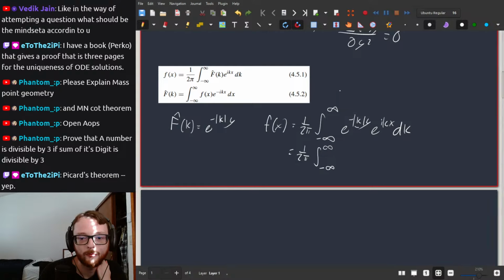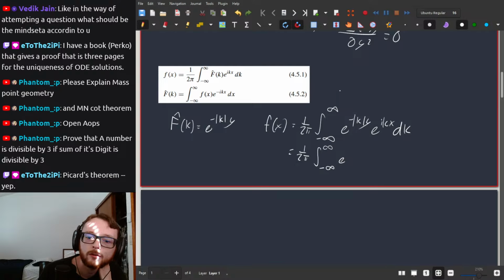So in order to deal with absolute value, well, actually, okay, we're integrating with respect to k here. Wait, no, this absolute value isn't easy to deal with, is it?